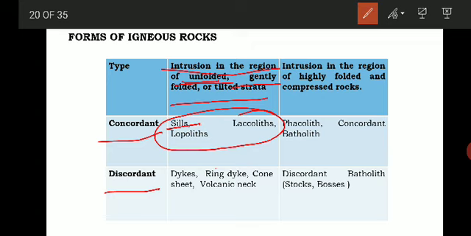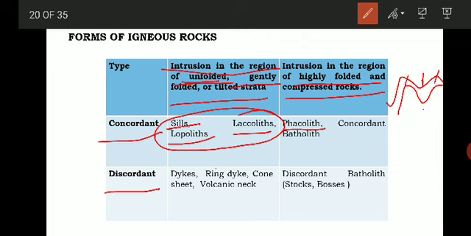Then you can see the sill, laccolith and lopolith. If they are highly folded, you can see the phacolith. You have seen the crest and trough, the magma gets accumulated in the crest and troughs of the folded rock. So this is how the intrusion takes place in highly folded rocks. And concordant batholiths are again seen in the huge structures in folded rocks. Then we'll move on to discordant.